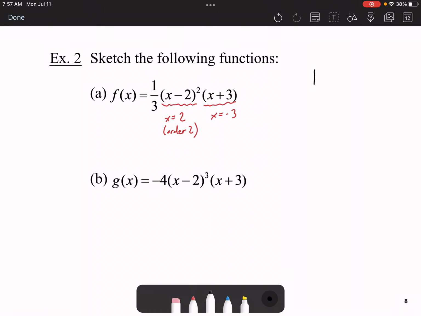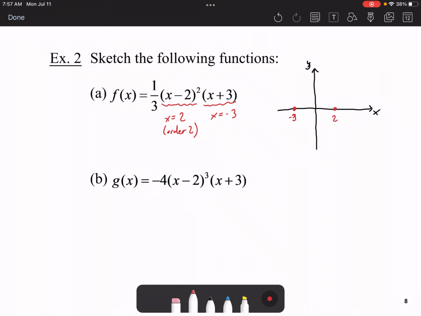So if you want, start drawing a sketch of your function. And locate your zeros. So one is at negative 3, and one is at 2.